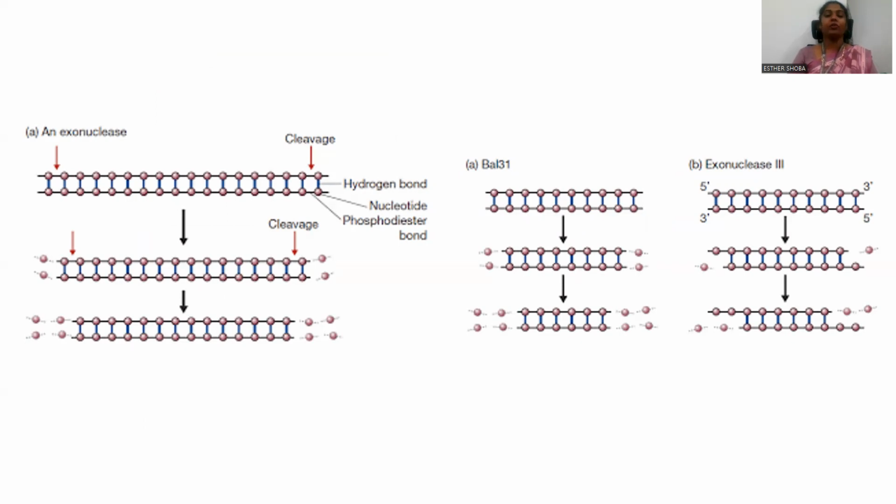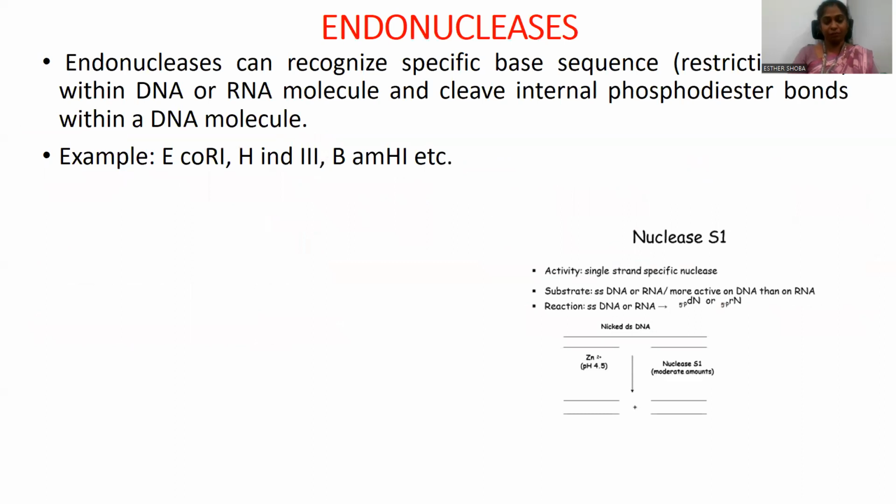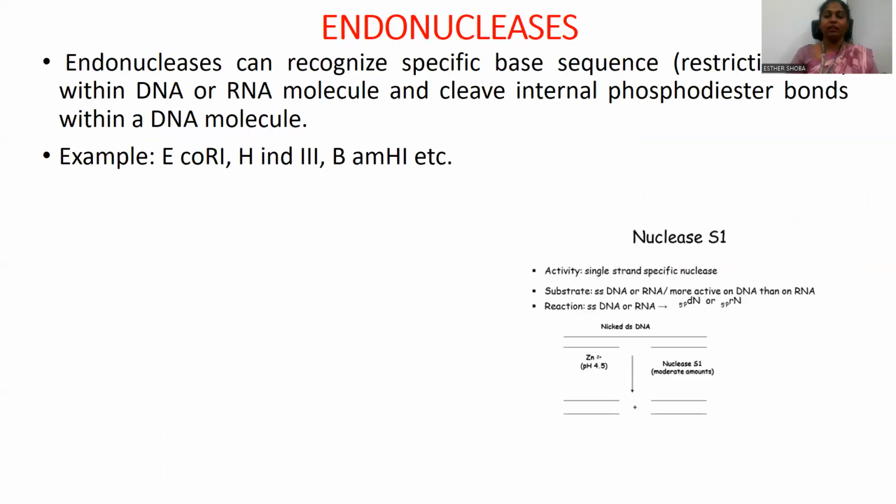So this is how you have the different classification of exonucleases. BAL31 is an enzyme isolated from Alteromonas espejiana. Exonuclease 3 has been isolated from the E. coli microorganism.